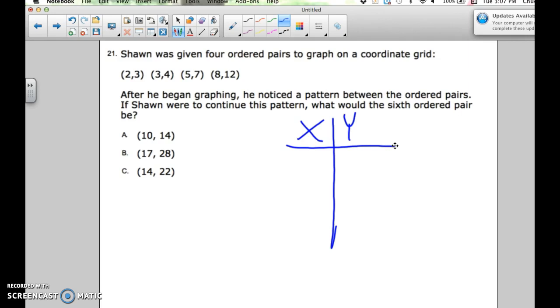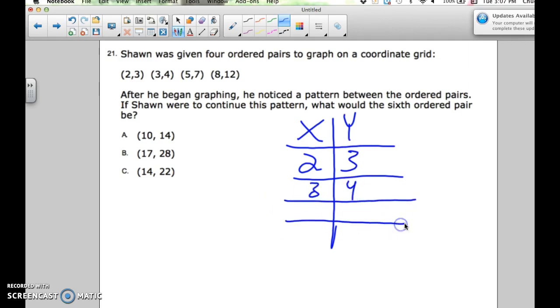Yeah. So we have 2, 3, 3, 4, 5, 7, and 8, 12. Okay? What pattern am I starting to see going on here with the X? It's not multiply by 1 or multiply by 2 or add 1.